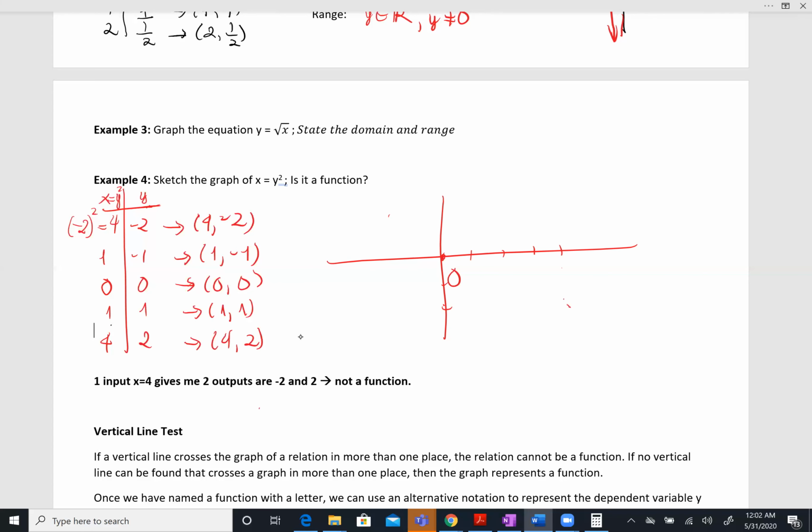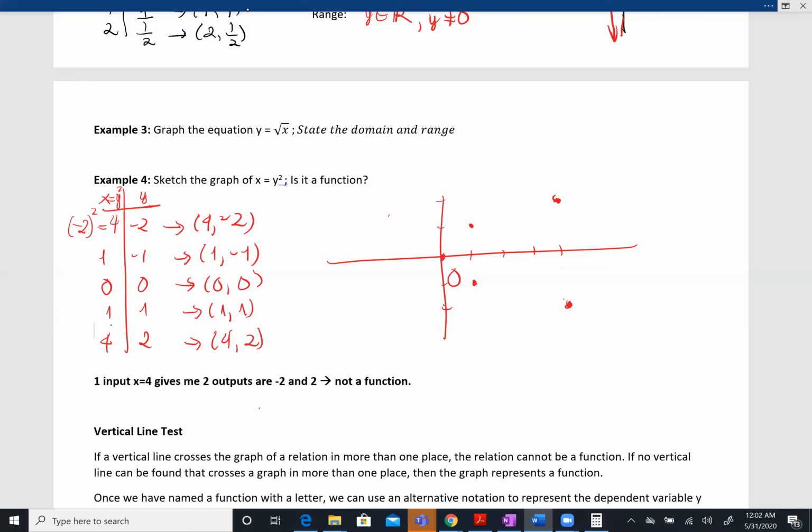So you have it here, and then 4 and 2. So you have here, you have 1, and then 1 and -1. You have 0. Okay, sorry, I think that's it now.